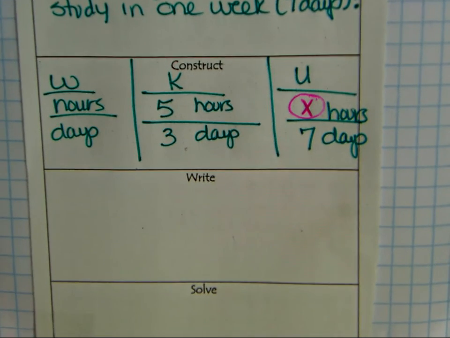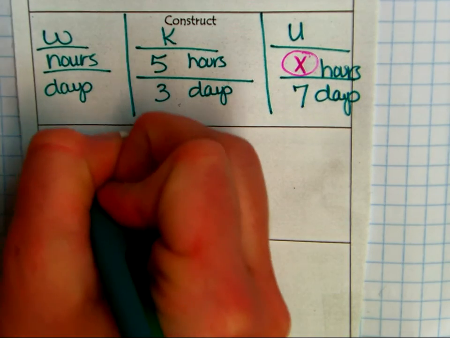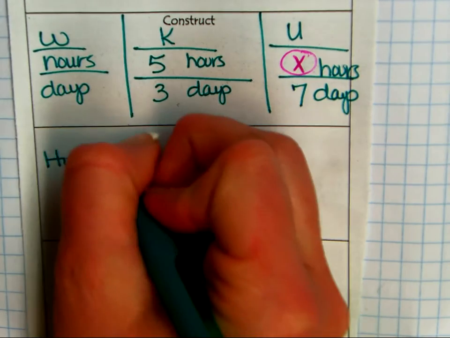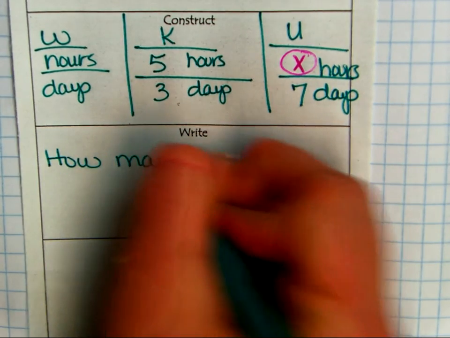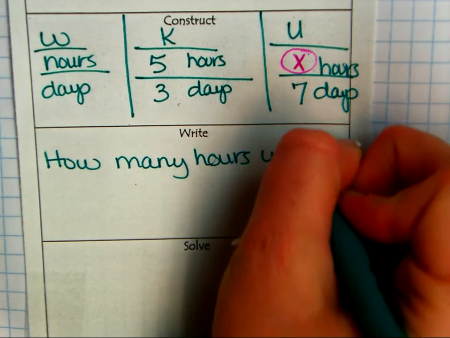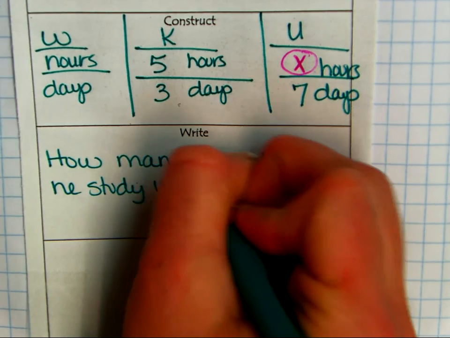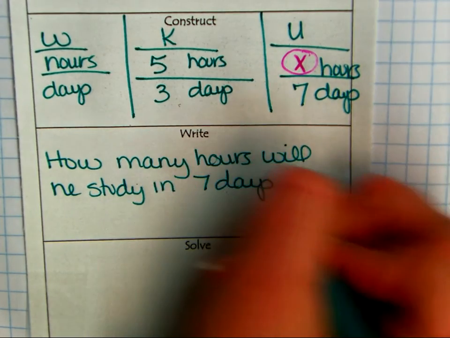Okay, so now we're going to keep moving down. We've got all of our information written out. The next thing we're going to do is write the question. What is our question that we're trying to answer here? Simply put, how many hours will he study in 7 days?